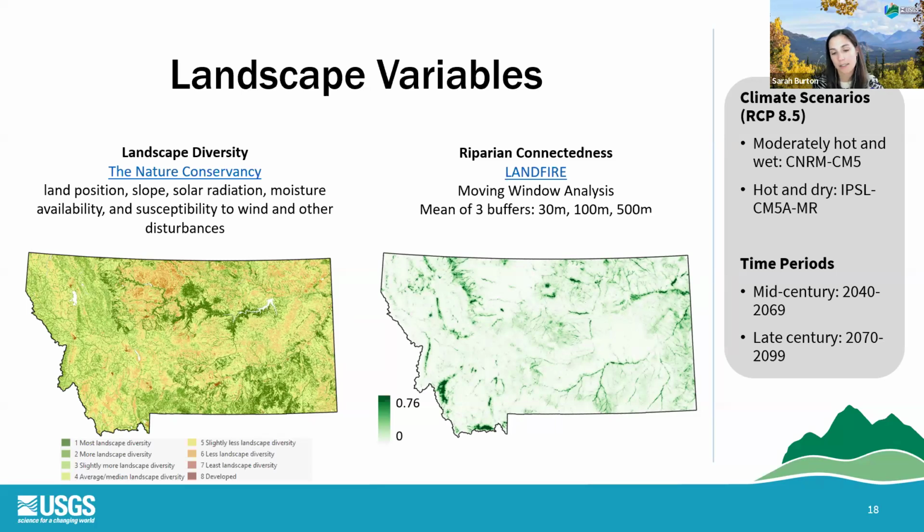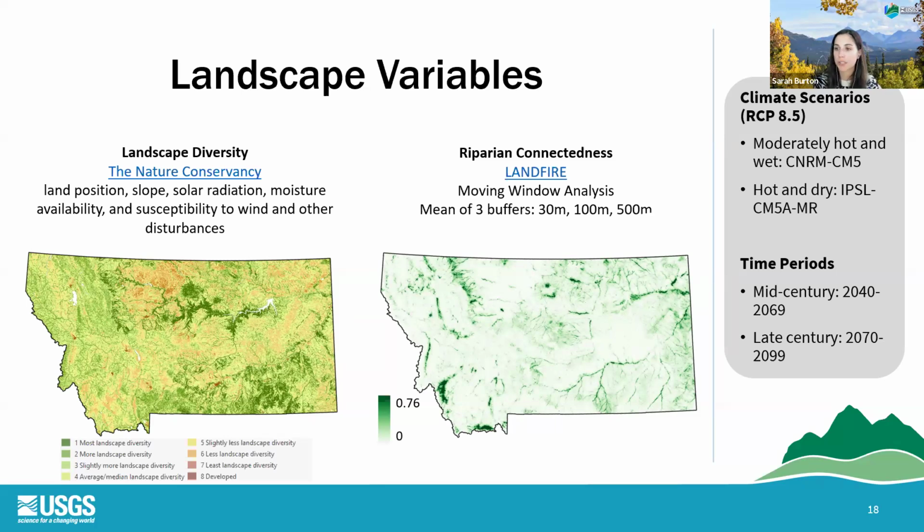This is the layer that's looking at more diverse landscape means it's more suitable likely, right? So it's less of that developed landscape, less of the ag fields, those sort of things. So this was one of the metrics that we use to get at the landform conditions on the ground.